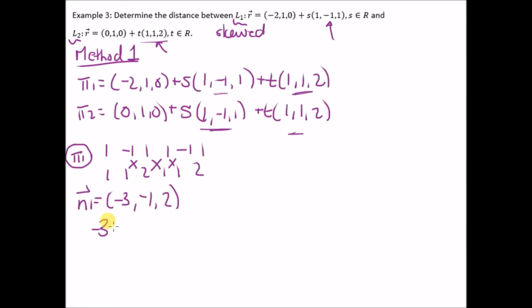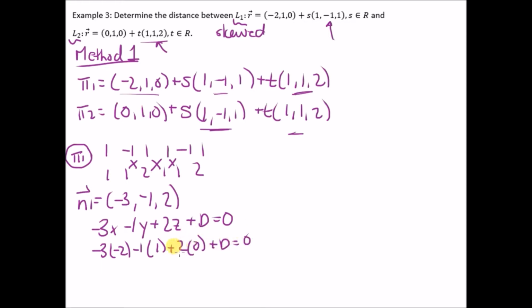So now we're going to have negative 3x minus 1y plus 2z plus d equals 0. Okay, we need to find our d value. So go ahead and sub in negative 2, 1, 0. And let's go ahead and solve for d. So 2 times 0 goes away. We get 6 minus 1 plus d equals 0. 6 minus 1 is 5. d equals negative 5.